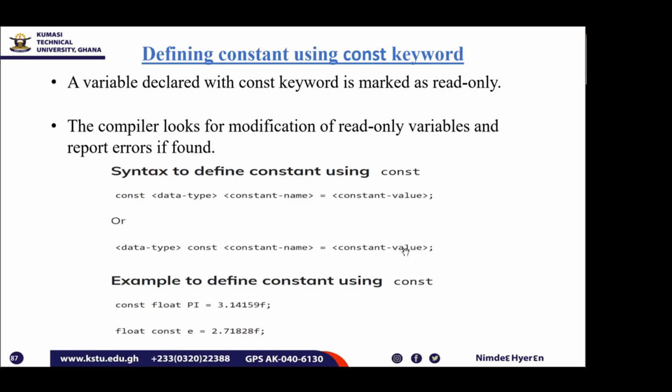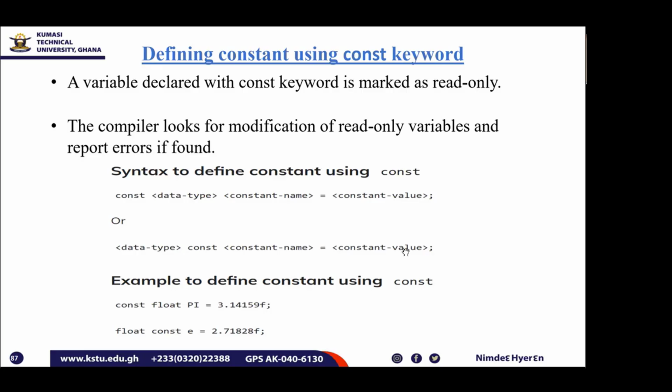So if we want to define constants, we can define them using the constant, that is constant data type, then the constant name, then the constant value will come. Or the data type, constant, then the constant name, then the constant value would come.